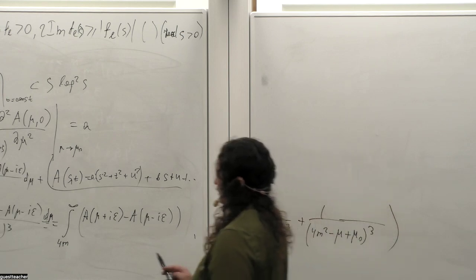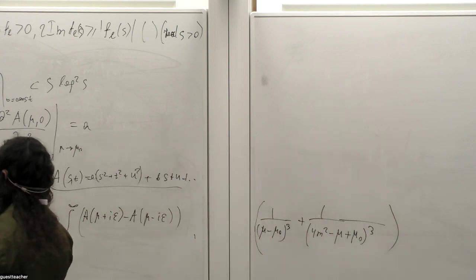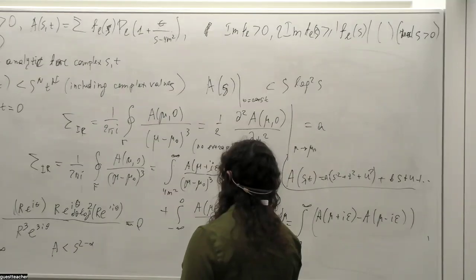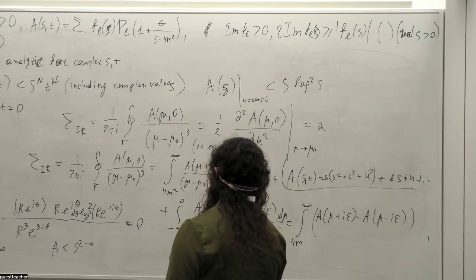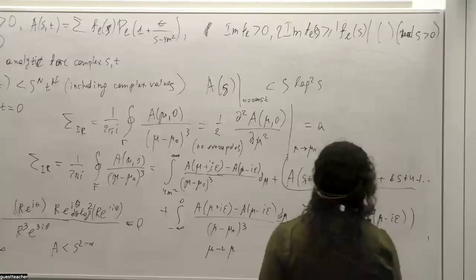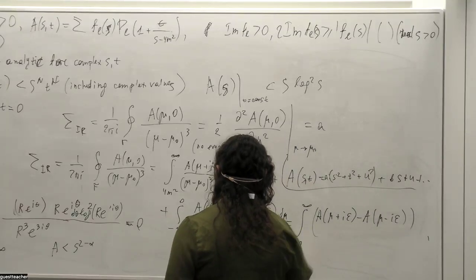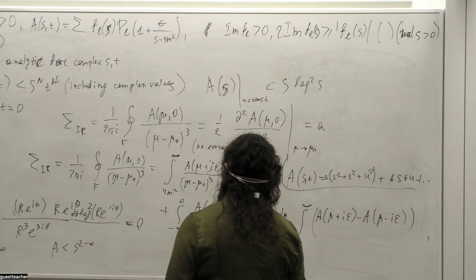Because I can shift the variable mu here, so mu goes to 4m squared minus mu.